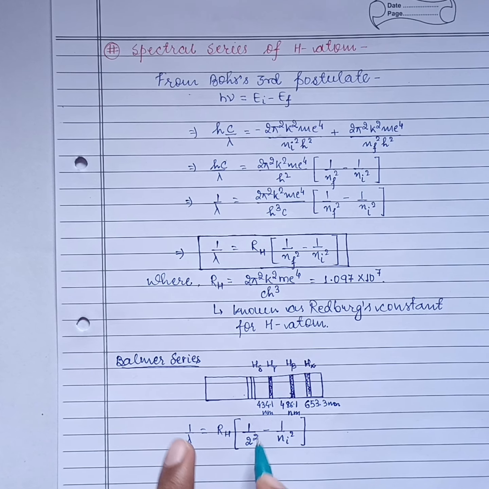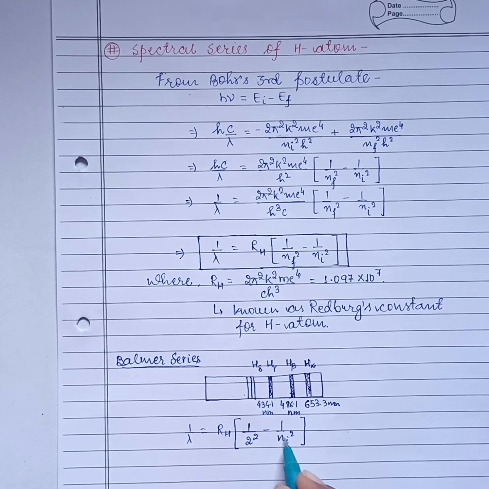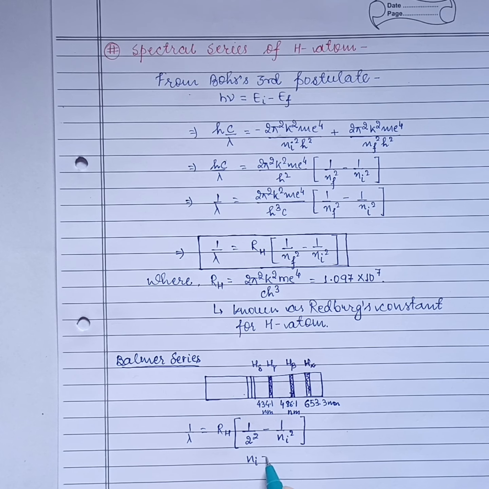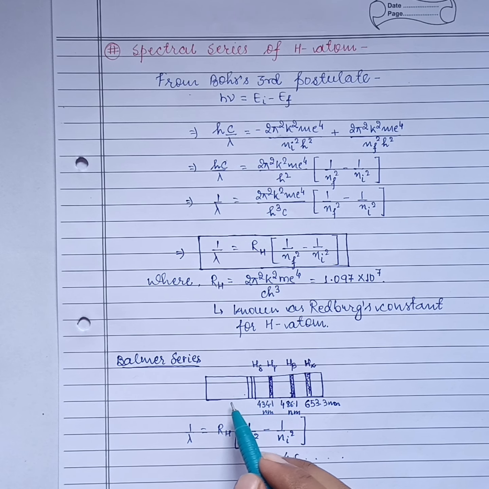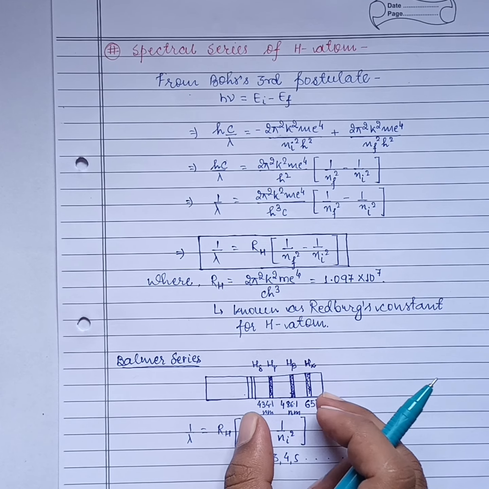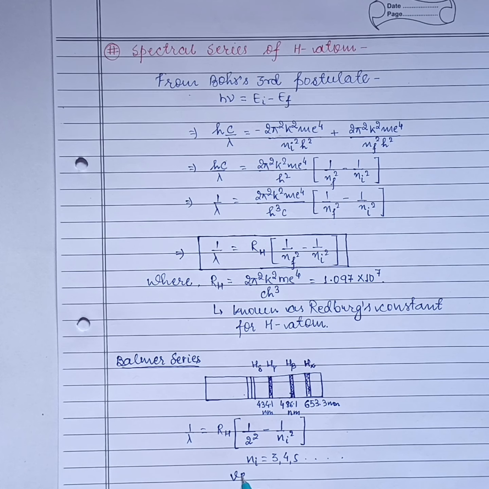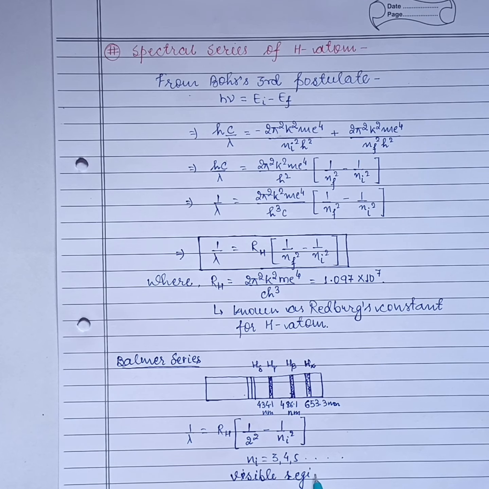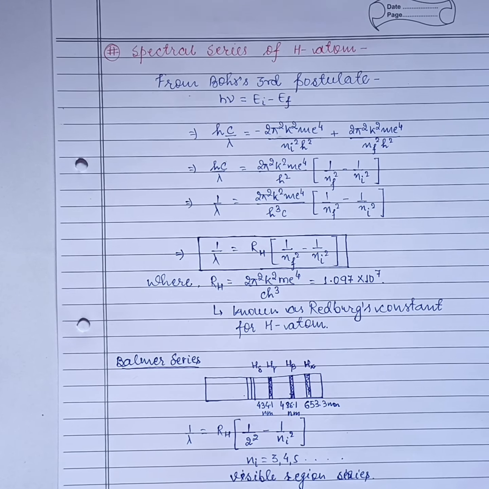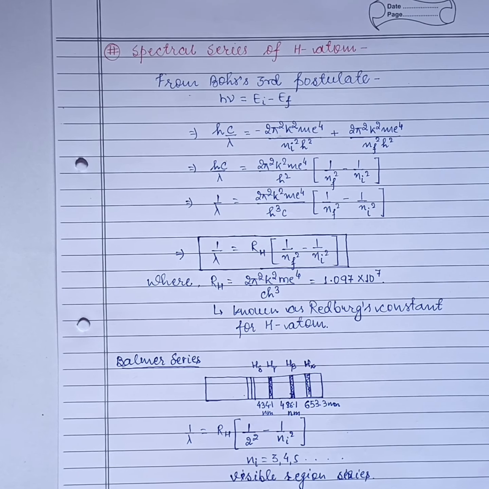When the atom is excited to higher energy levels, n initial is equal to 3, 4, 5, and so on. This series, observed by Balmer, is known as the visible region series. Similarly, other scientists like Lyman contributed, which we will discuss now.